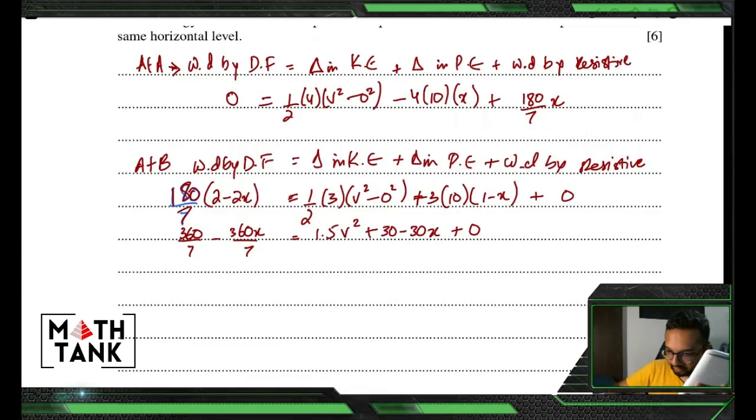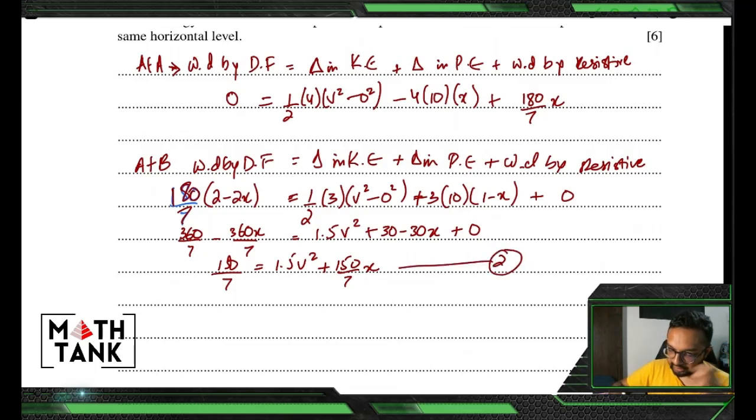Okay, so I have solved this B equation first, so let's just shuffle that around. 360 over 7 minus 30, 150 over 7 equals 1.5 v squared plus 150 over 7 x. Or is it minus? No, 35. Okay. So that's the equation at B.